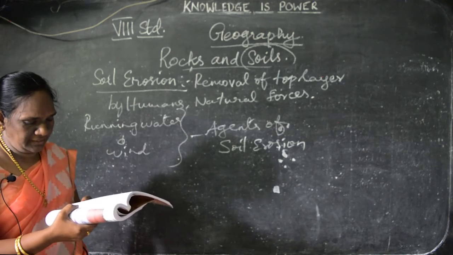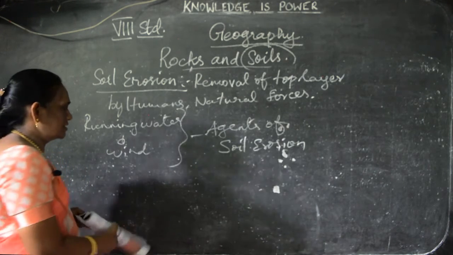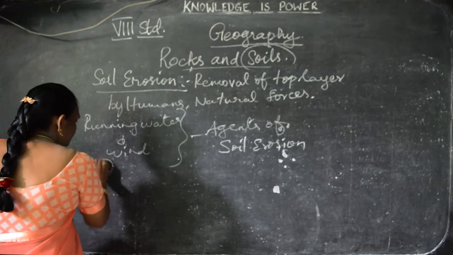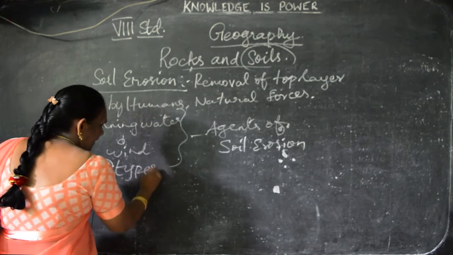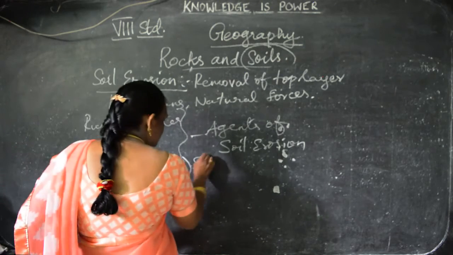And we have 3 types of soil erosion. What are they? 3 types: sheet erosion, rill erosion, gully erosion. One is sheet erosion.